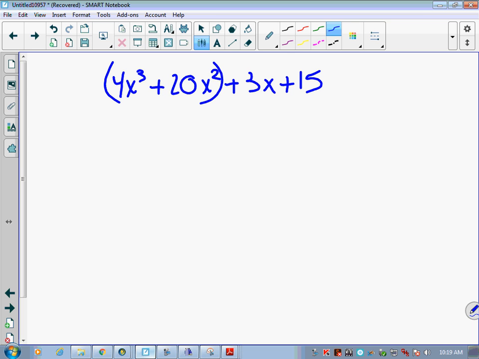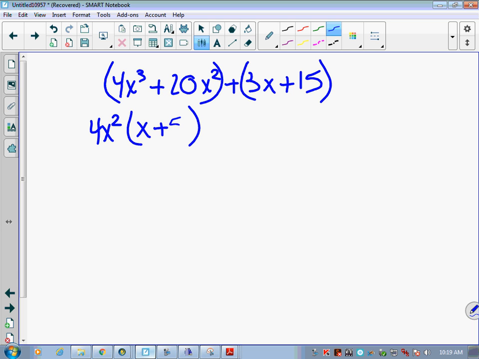Split the terms. Factor by grouping. What can I take out of 4x cubed plus 20x squared? 4x squared. What does that leave me inside?